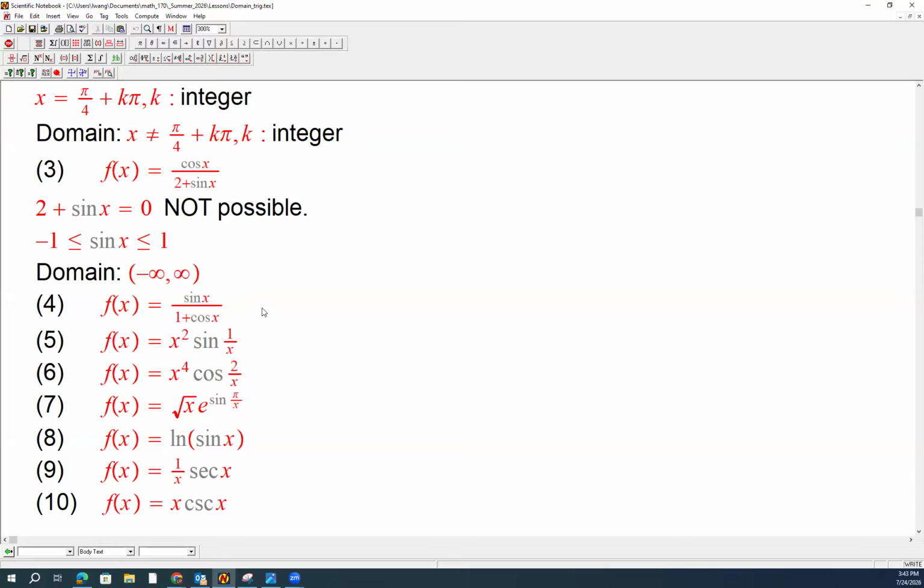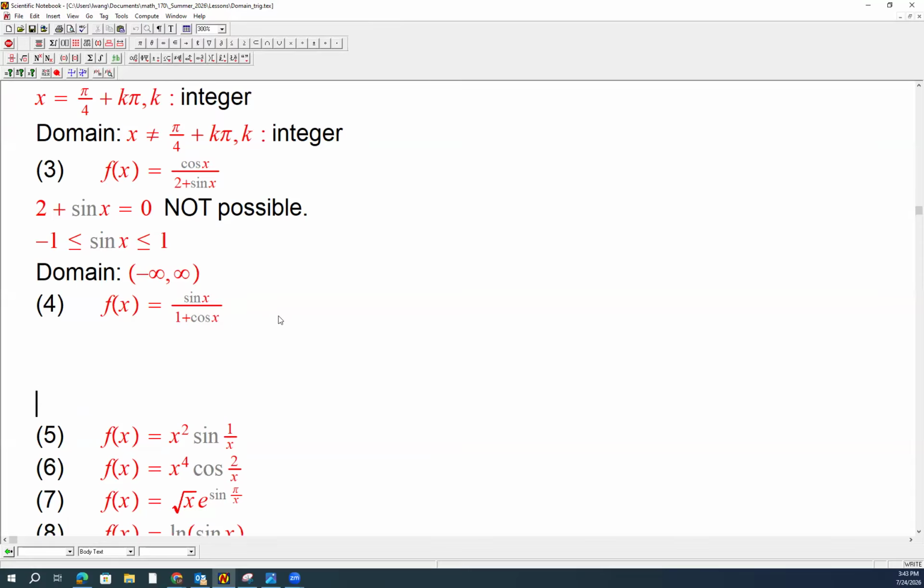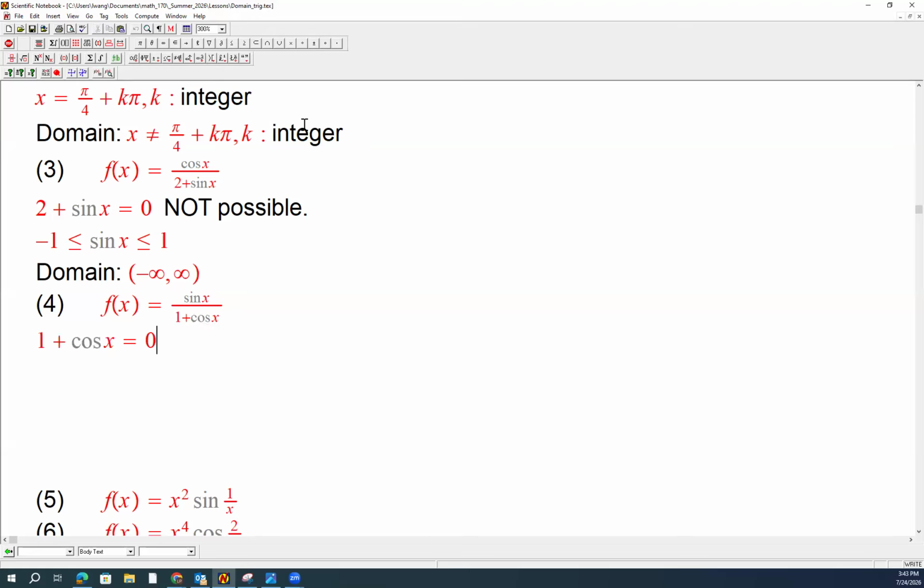And number 4, the domain requires that the denominator cannot be 0. So we set it equal to 0, find the solution, and then exclude the solution. Then we get cosine x equals -1.